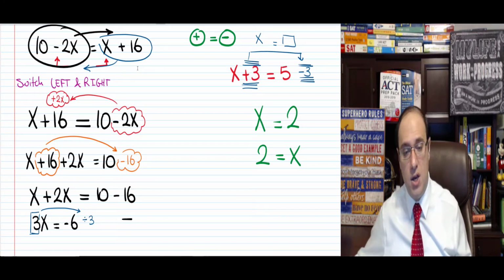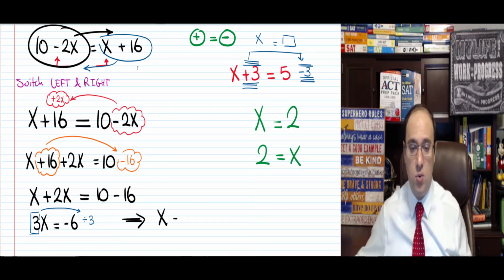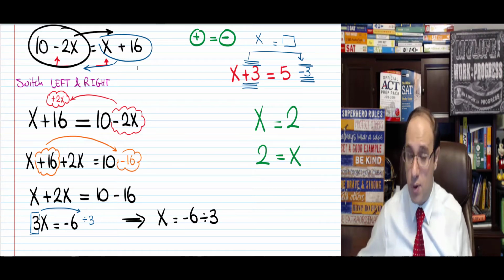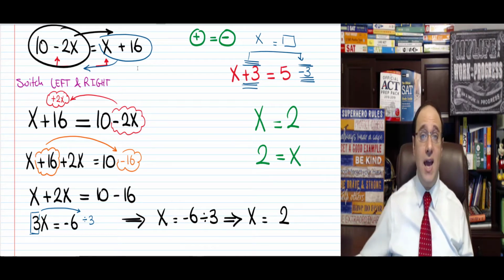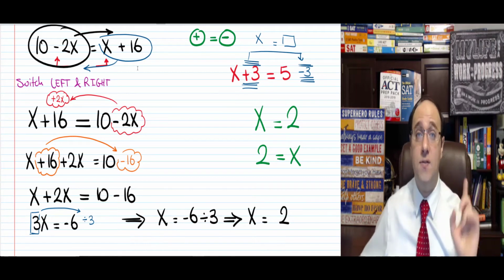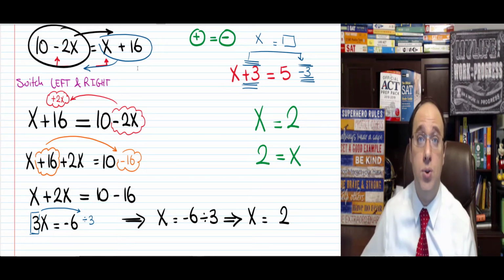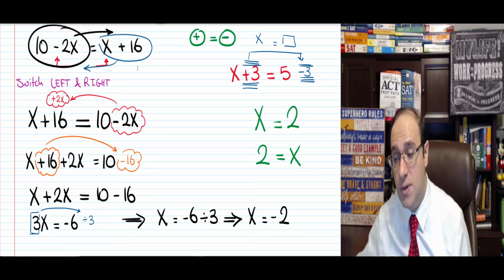This gives me a new equation, x equals -6 divided by 3. Okay, 6 divided by 3 is 2. There's a negative sign, and if there is one negative sign in the division or multiplication, then the answer has to be negative.